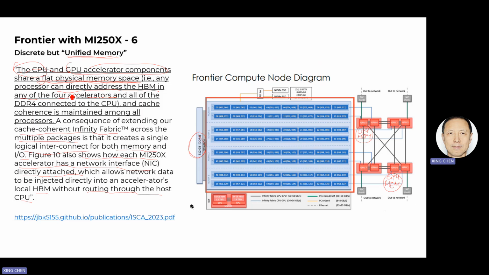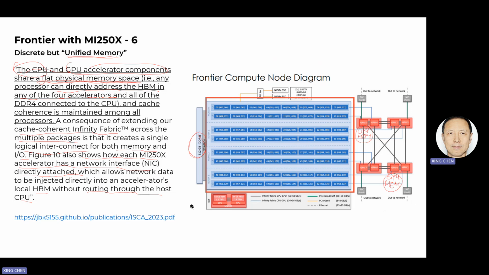Any processor can directly address the HBM in any of the 4 accelerators, and all of the DDR4 connected to the CPU. So that means whatever the processor, CPU or GPU, all the memory is accessible by this processor. Okay, so that's the meaning of the unified memory.